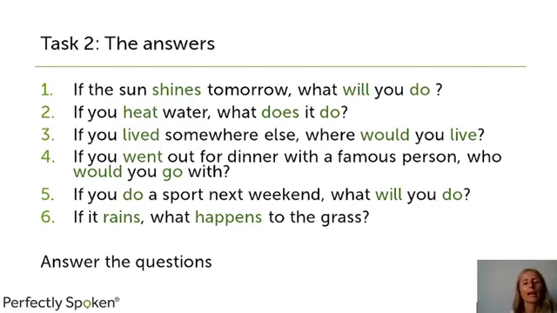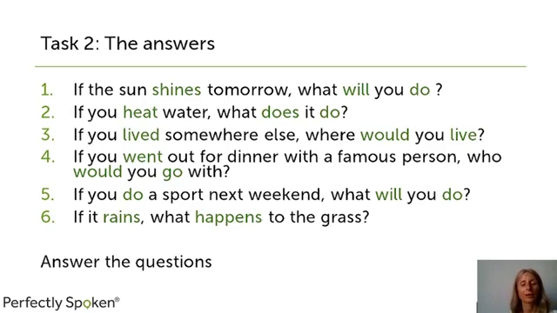Number 4, if you went out for dinner with a famous person, who would you go with? If I went out for dinner with a famous person, I would love to go with a famous scientist. So in the past, maybe Charles Darwin or Albert Einstein. In the present, we have Brian Cox or David Attenborough.